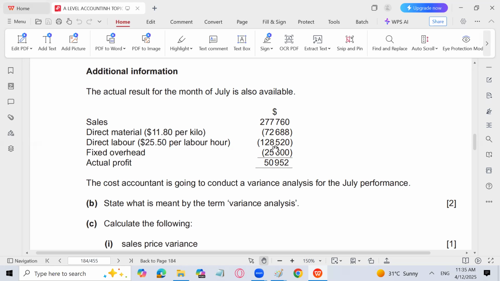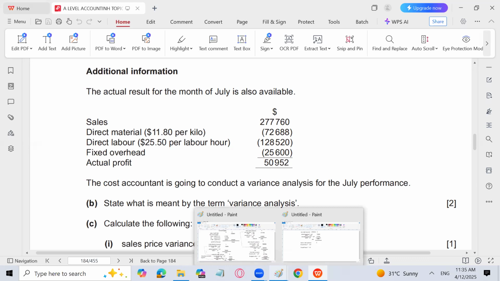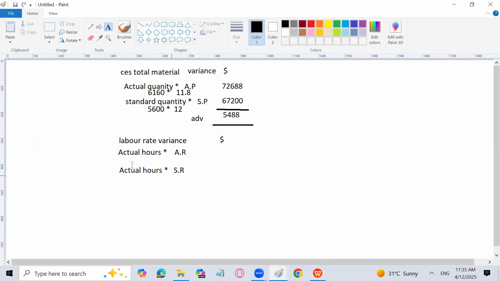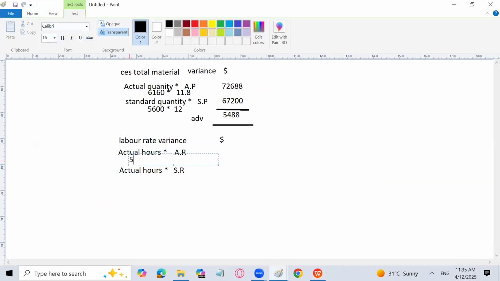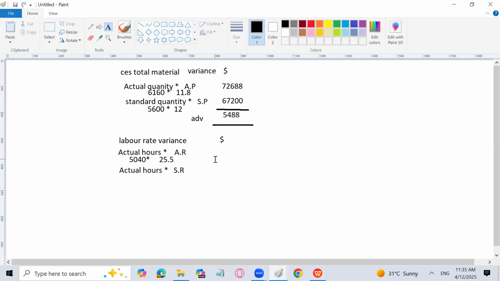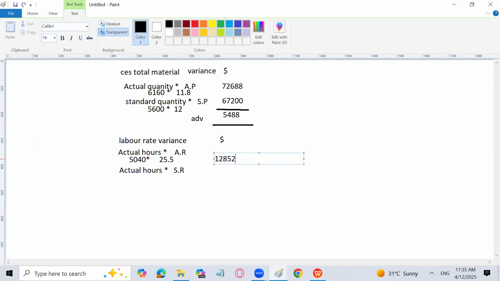That is 5040. 5040 multiplied by 25.5 gives us the amount 128520 over here.